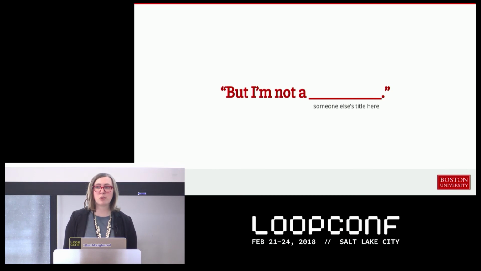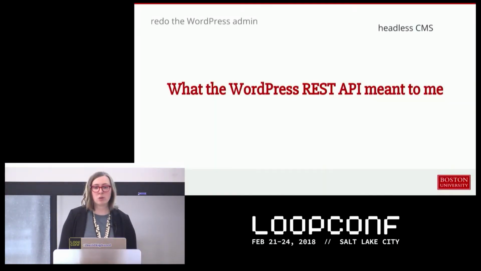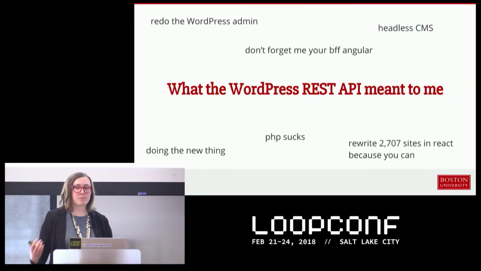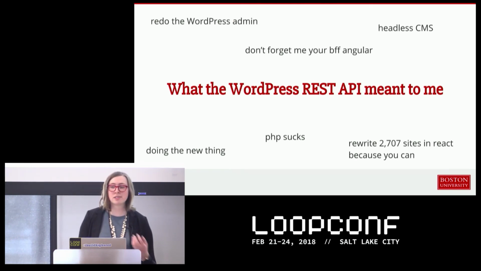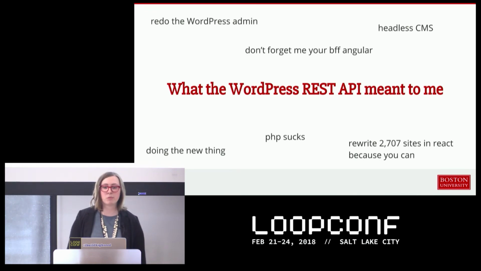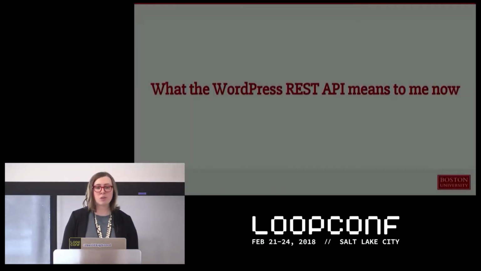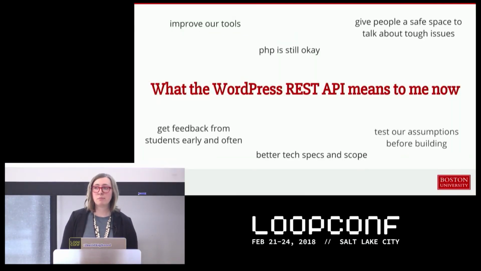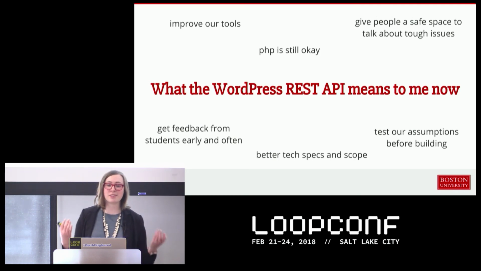What it's all about is who you are, because everybody is going to have a different view of what the REST API is and what it can do for them. So when I thought about the REST API years ago, it meant all this stuff that kind of made sense to me, but also kind of didn't in terms of my workflow. Now it means a whole different set of stuff to me that might not make sense for you, but it sure makes sense for me.